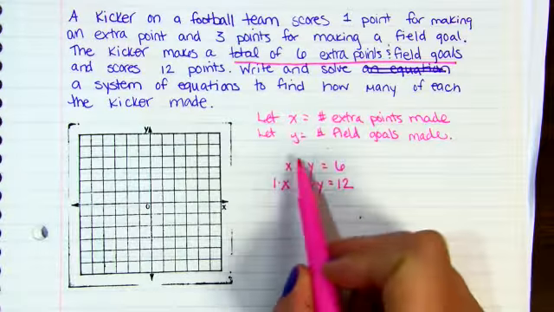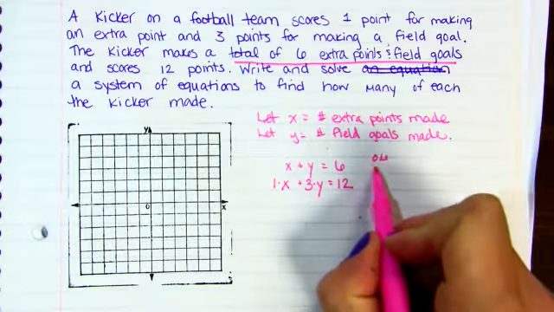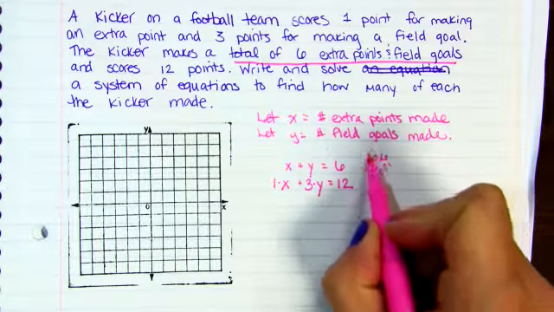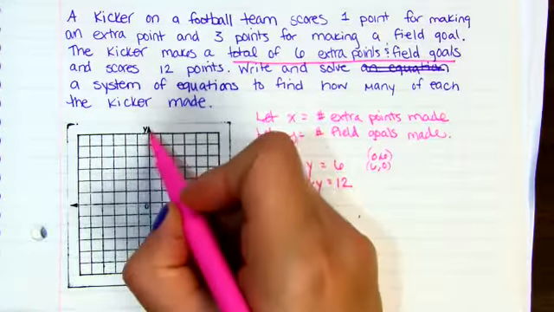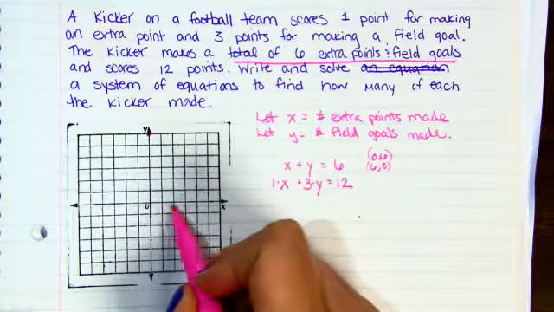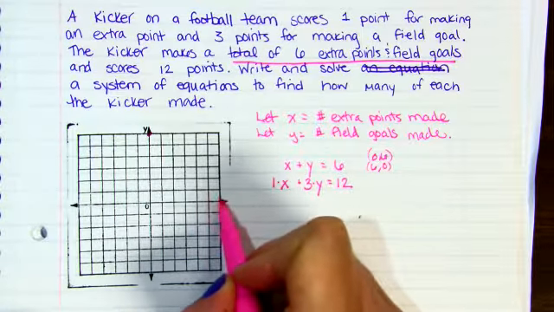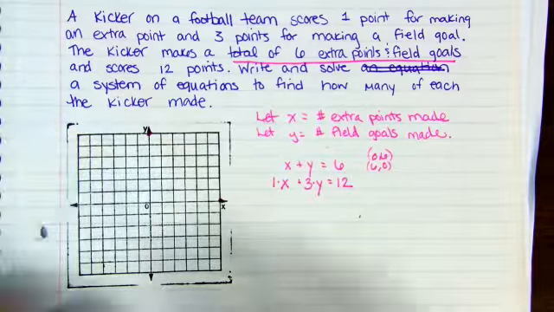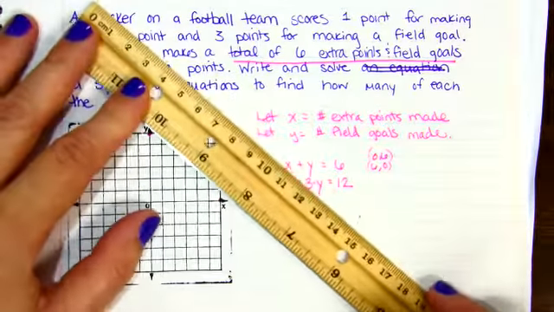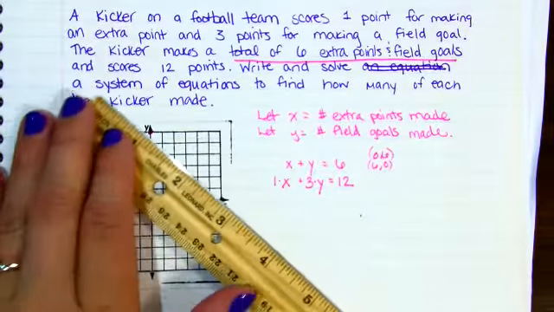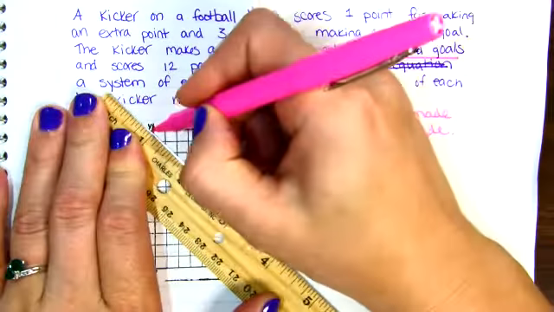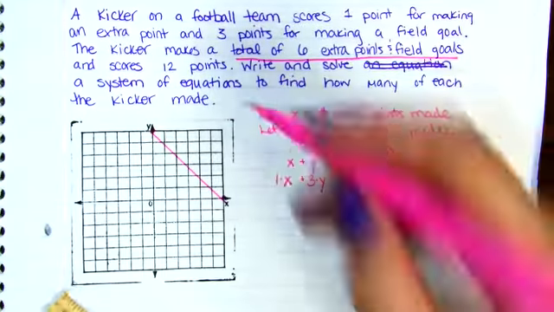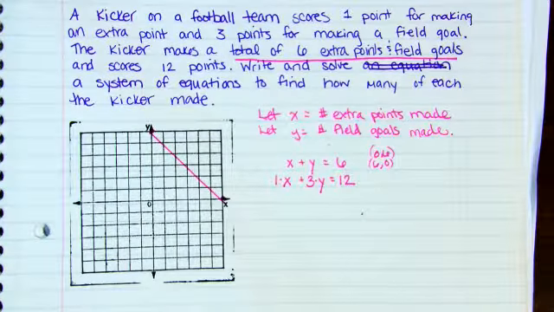So that tells me that my intercepts are (0, 6) and (6, 0). That's a super easy one to graph. 6, and 1, 2, 3, 4, 5, 6. So that is going to be the line that represents my first equation.